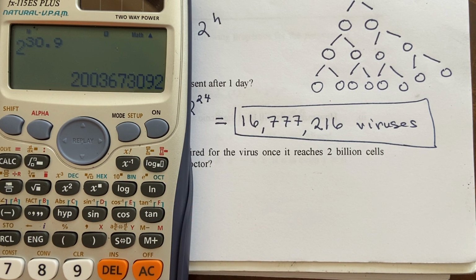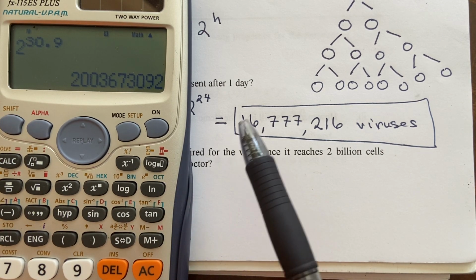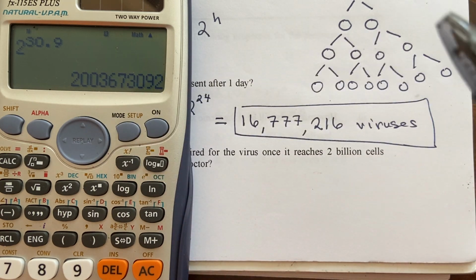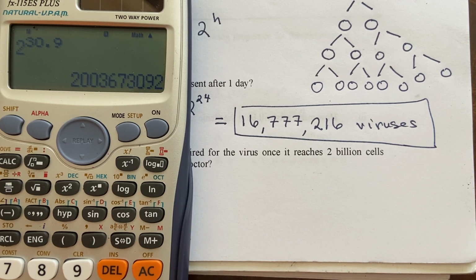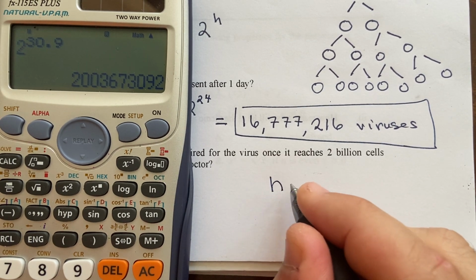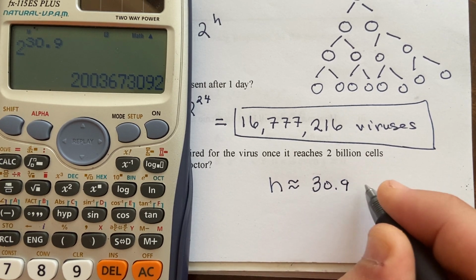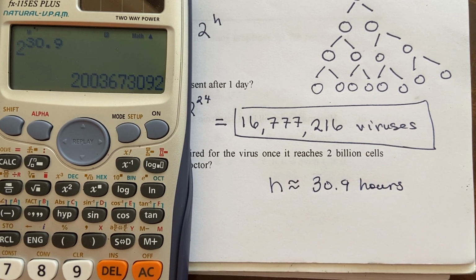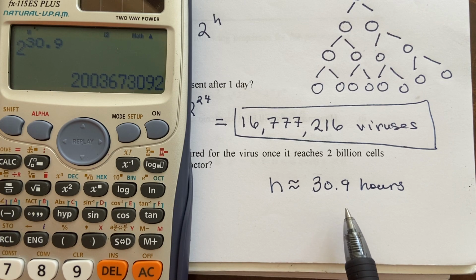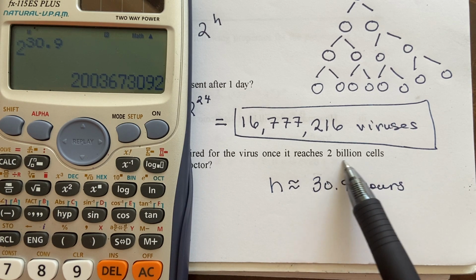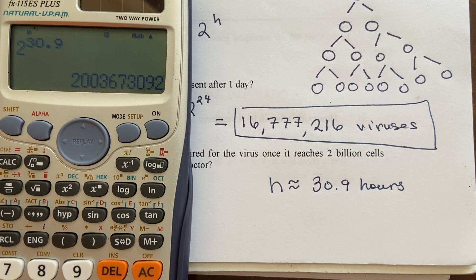So if you see this, 30.9 we're now at this 2 billion figure. So I'll say when H is about equal to 30.9 hours. So about 30.9 hours after contracting the virus, medical attention is needed because we're reaching this 2 billion mark.